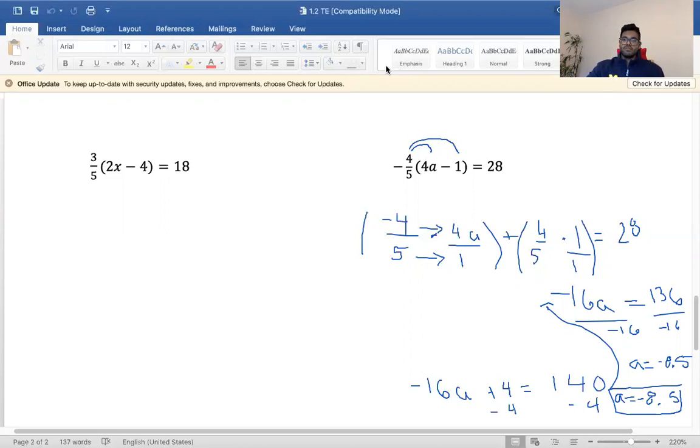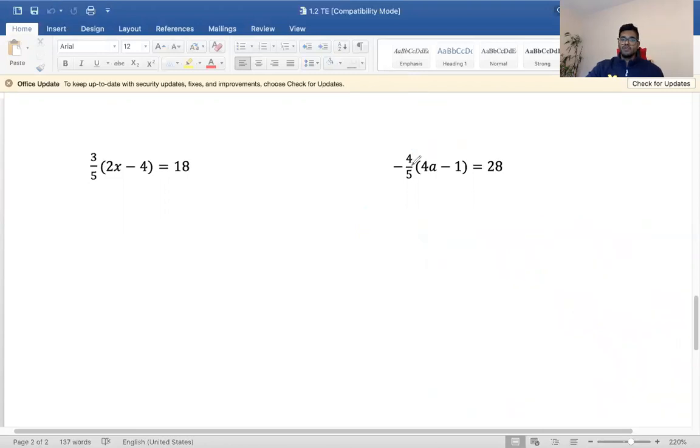So again, you have different ways of doing the same problem. Now, if this was me, I just wanted to show you both ways. What I would have done is multiply or divide everything over here by negative 4 over 5 and divide this side by negative 4 over 5. So then these cancel out.